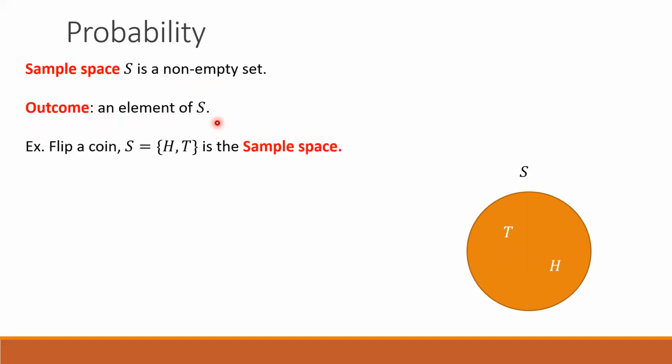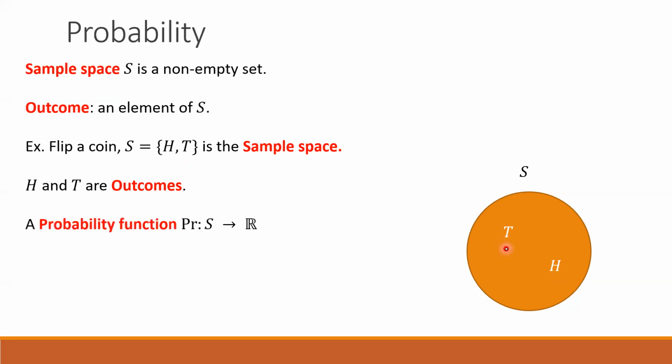So for example, if I flip a coin, my sample space is heads or tails, and the outcomes could be, well, I flip a head or I flip a tail. Now a probability function, Pr, is what we'll use to represent it, maps all of the elements of the set S to the real numbers such that for every element of S, it's a number between 0 and 1, right?